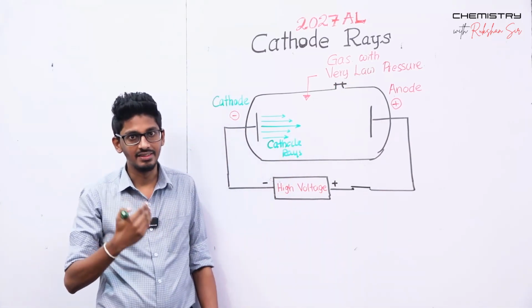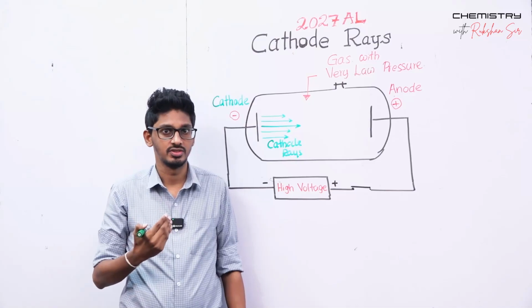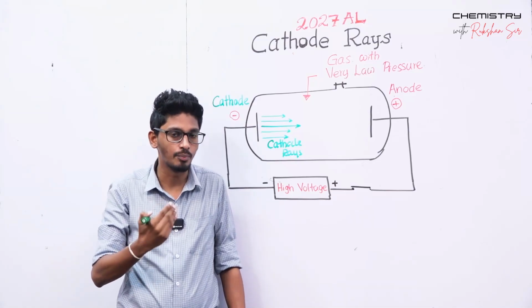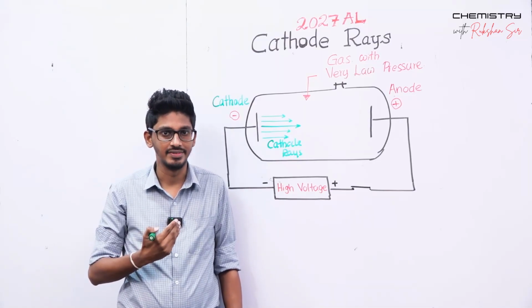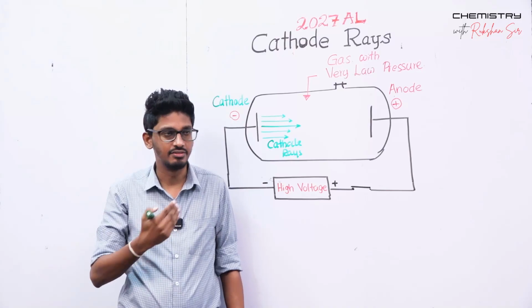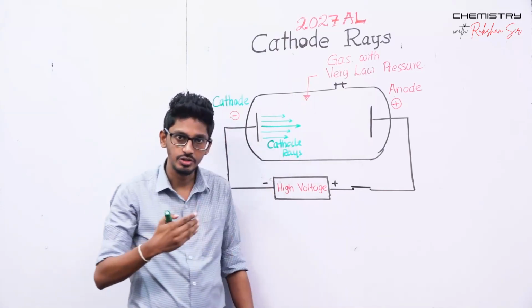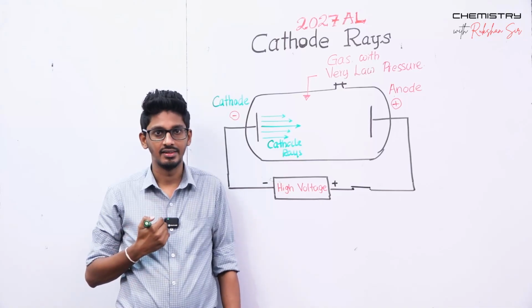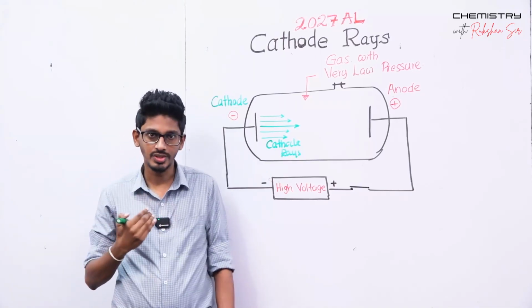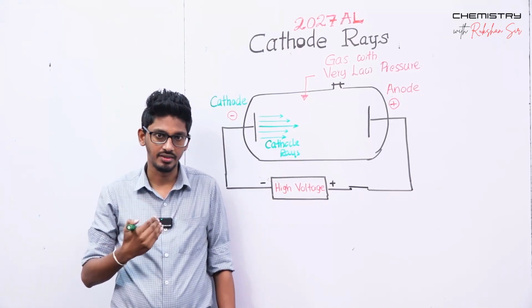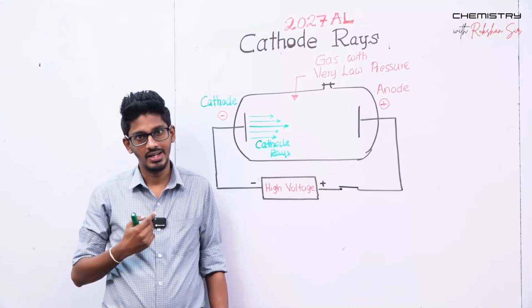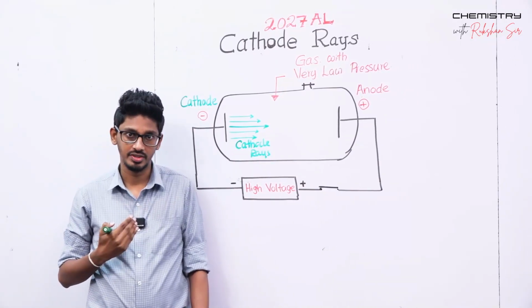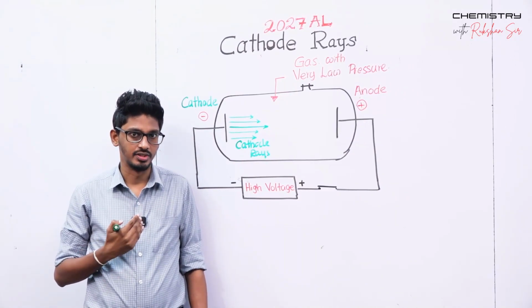What happens if the gas is at a high pressure? Only with low pressure do you observe the cathode rays. If the pressure is high inside the tube, you won't observe these green glowings. Why is that? Those are the two main questions that can be asked from William Crookes' experimental setup. Can you answer those?